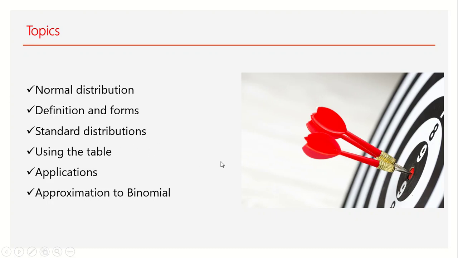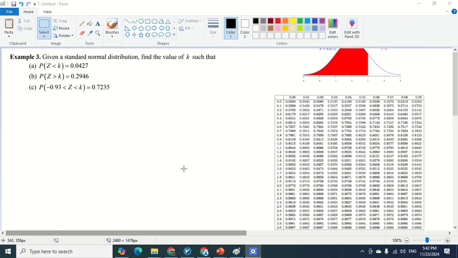So let us start our discussion by solving some examples about the normal distribution. We start our lecture by solving this example. Given a standard normal distribution, find the value of k such that the following cases hold true. One of the important things about the normal distribution is finding the points for which the probability is given.